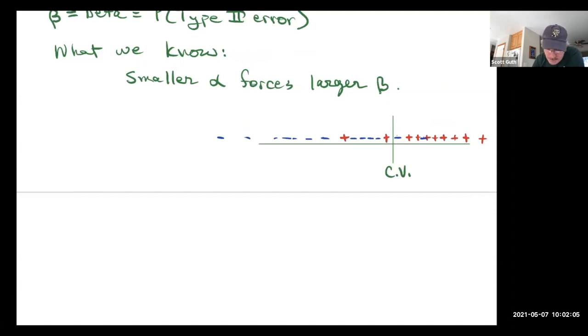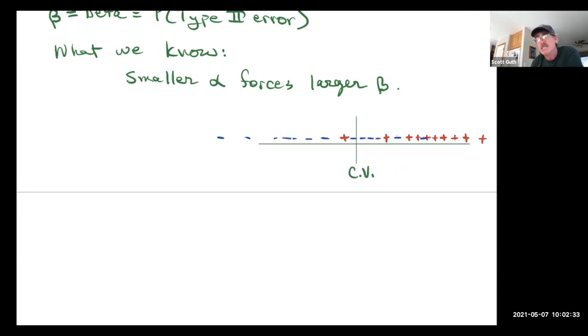A false negative is worse than a false positive. If you think you're not sick, but you are, now you're meeting with people and you're spreading COVID-19, right? So we have to make this judgment. False negatives are worse, so I need to move the critical value this way.